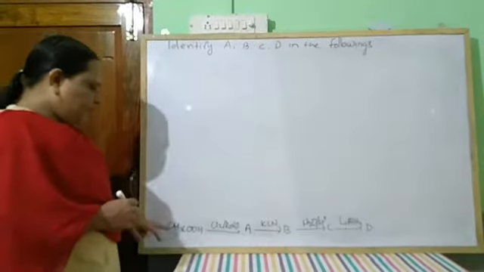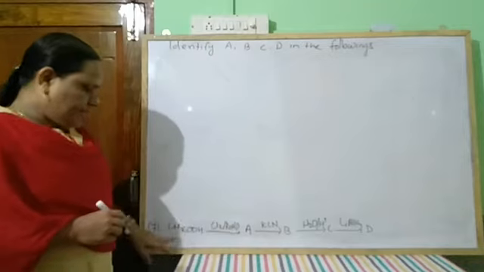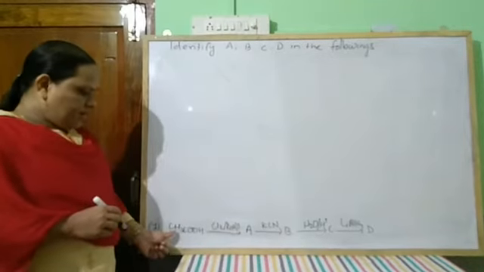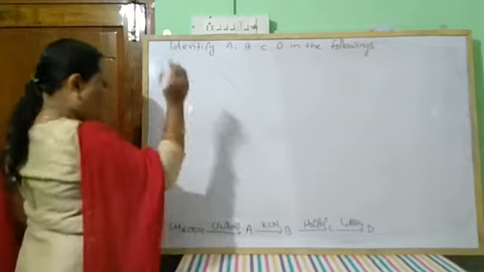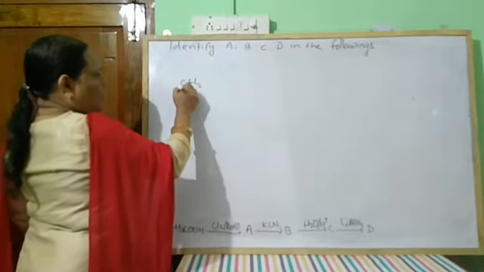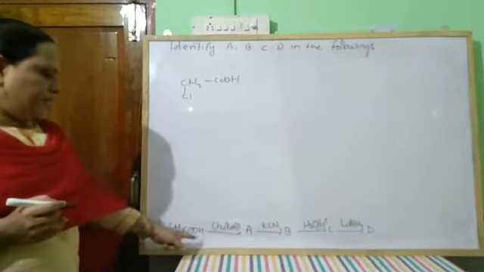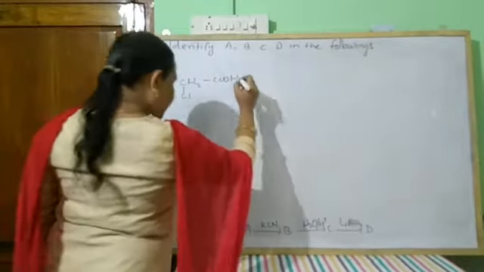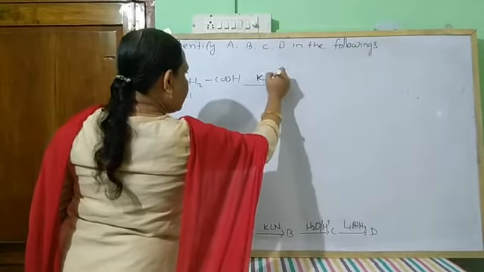Next question. So acetic acid, chlorine, red P. Again this is the HVZ reaction. This H is replaced by chlorine. So this one is Cl CH2 COOH, and again it reacts with KCN.